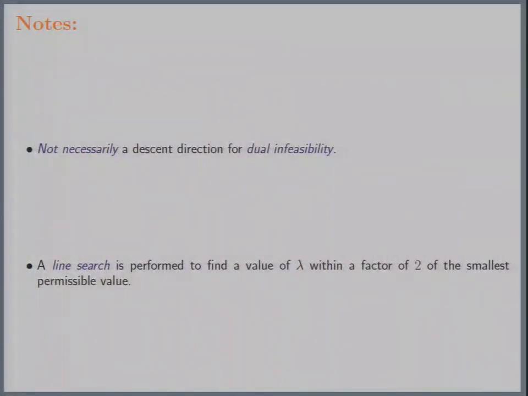Oh no, I'm sorry. I forgot one thing. My mistake. We also have to have dual feasibility, and we don't necessarily get step direction improvement in the dual infeasibility automatically.